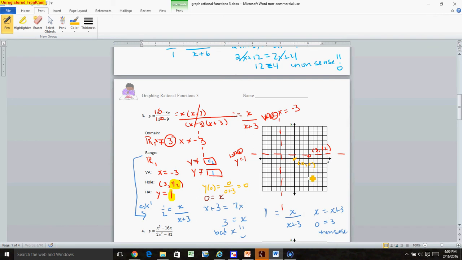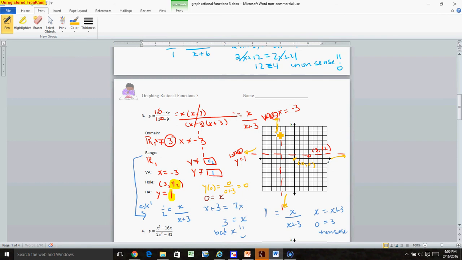And when I look at my calculator, I can see that on the right, I'm under the horizontal asymptote, and on the left, I'm on top of the horizontal asymptote. I can see that I swoosh up on the left side of the vertical asymptote, but swoosh down on the right side.